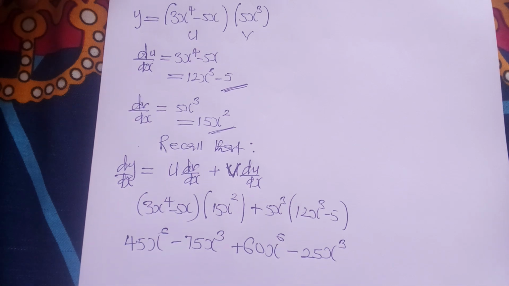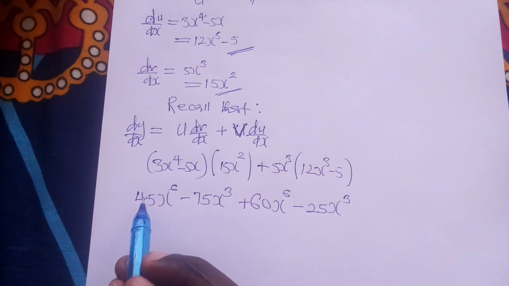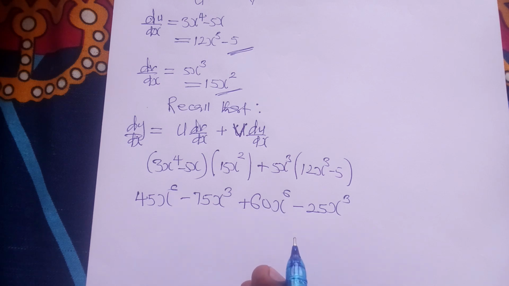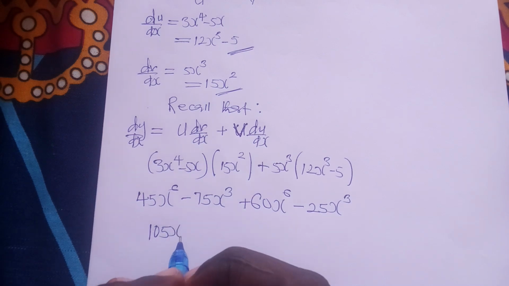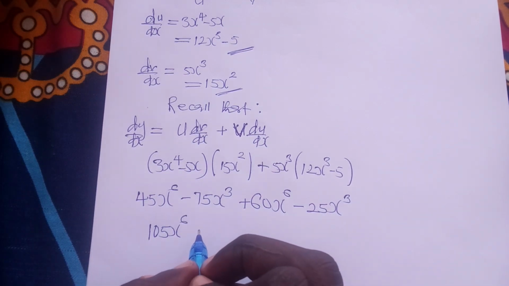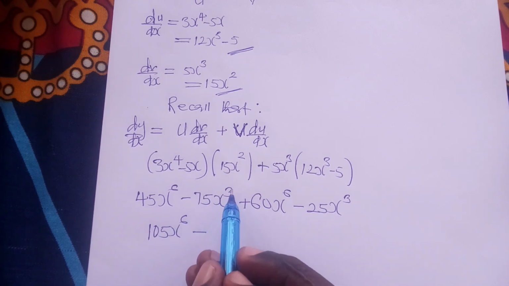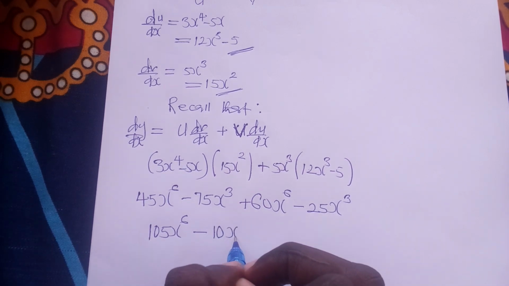Okay, now the next step that I have to take, we add where necessary, 45x raised to the power 6 plus 60x raised to the power 6 giving you 105x raised to the power 6. Okay, minus, we know 75x cubed plus 25x cubed giving you minus 100x cubed.